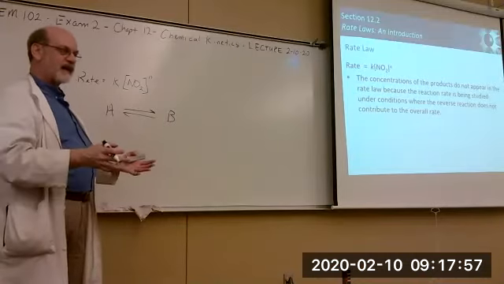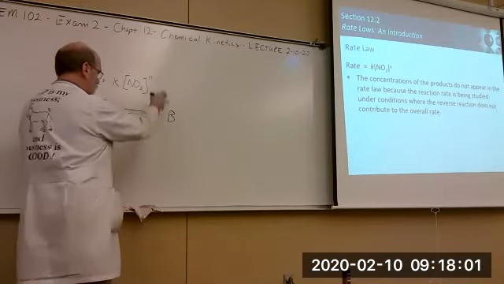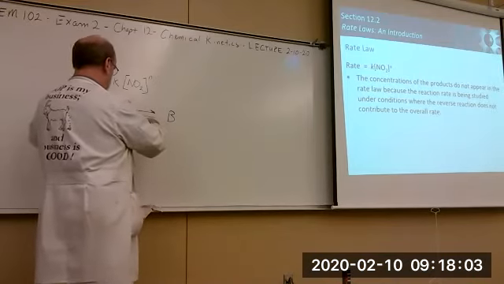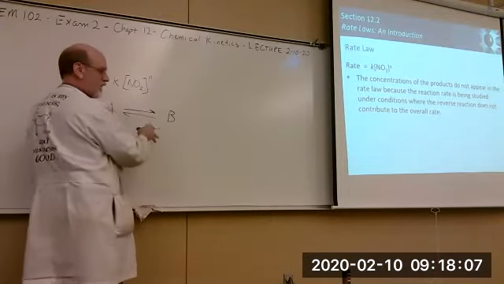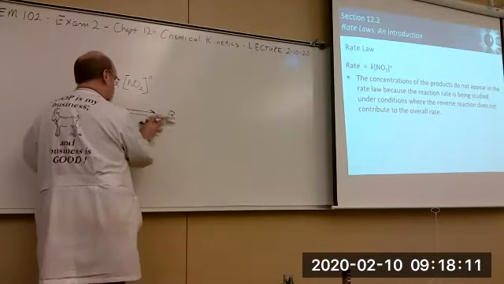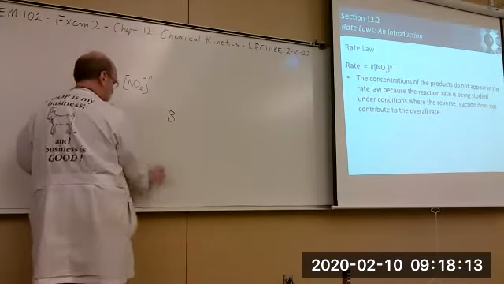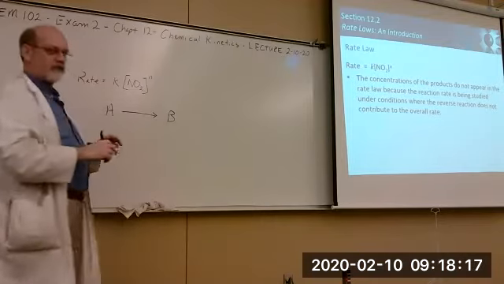The problem with that in kinetics is, how do you know which one's first? How do you know where you are in the reaction? So what we do is we keep it really simple. We set up the conditions so that only the forward reaction is important.